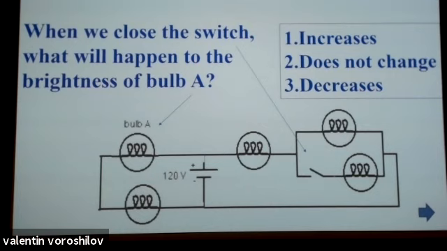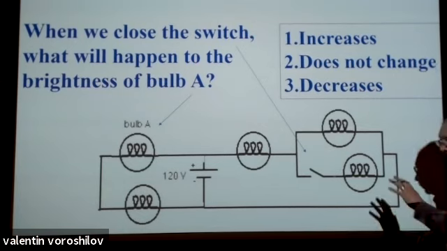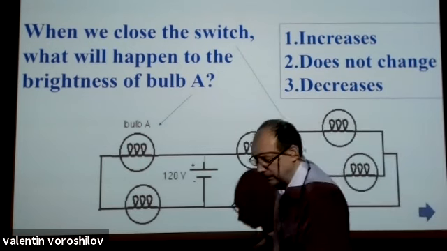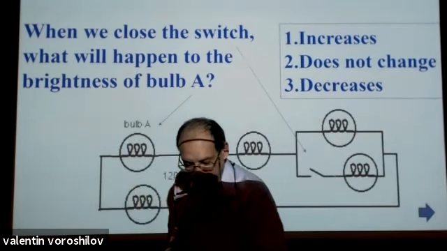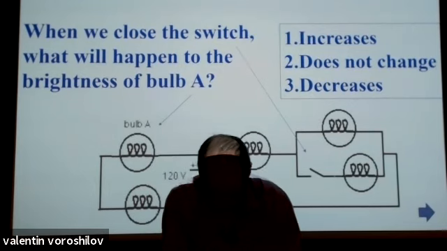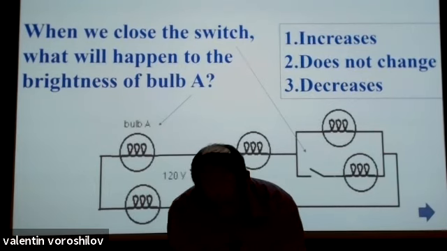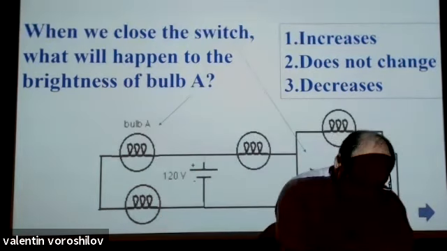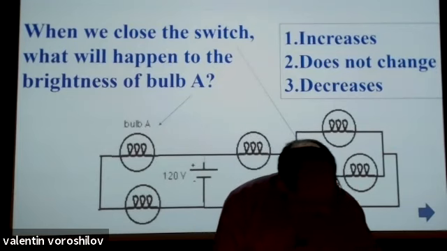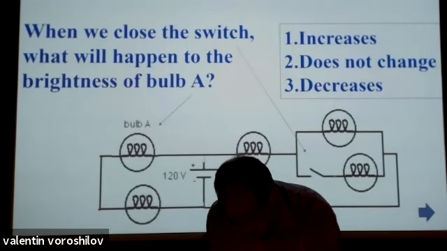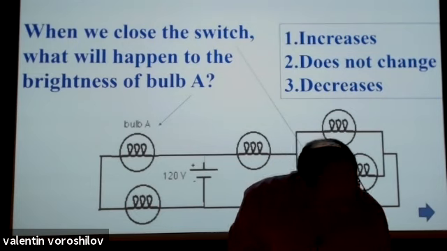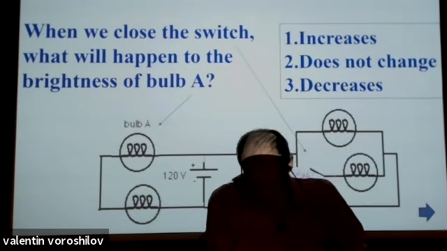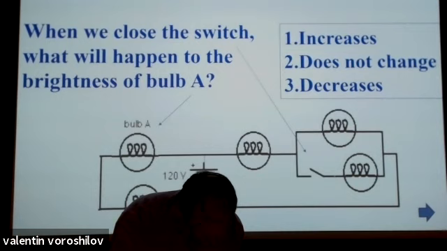What's going to happen if I close this switch? Well, this situation is actually identical to the case we've done before with only 2 bulbs. The battery, the bulb, and everything depends on how we connect it. And if we connect it in parallel, the connection in parallel does not affect the brightness of this bulb.